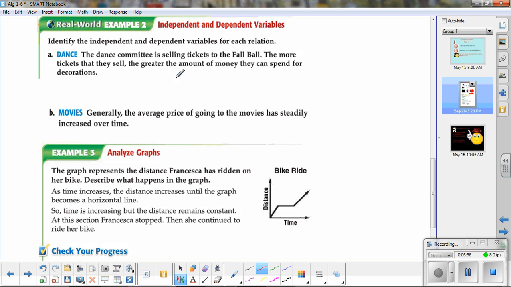So that means the tickets sold is going to be the independent variable. And then the dependent variable is the amount they spend on decorations.